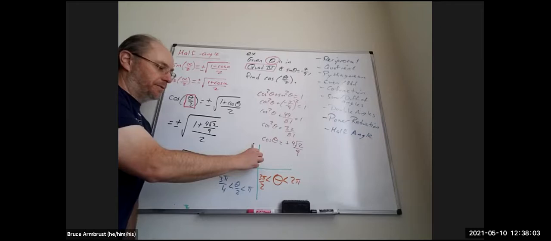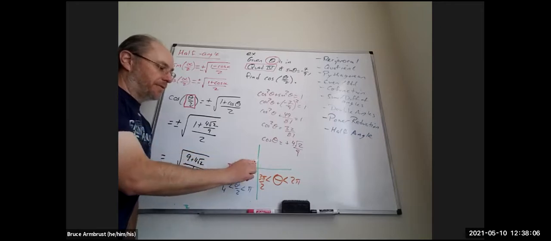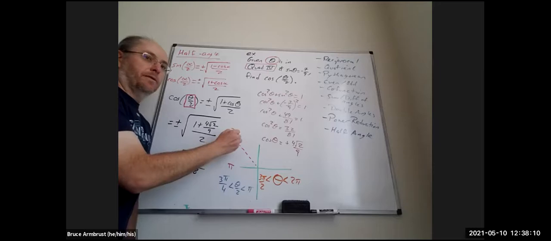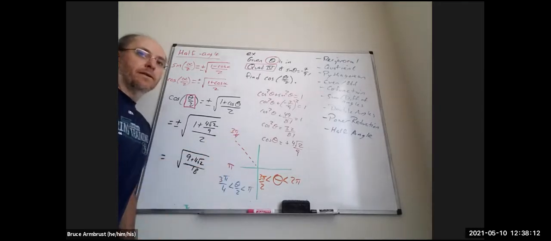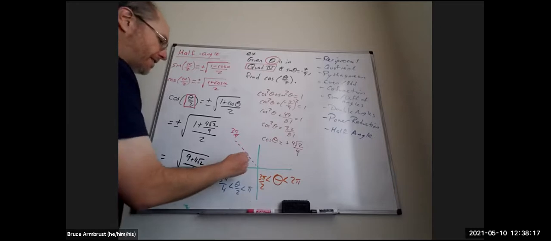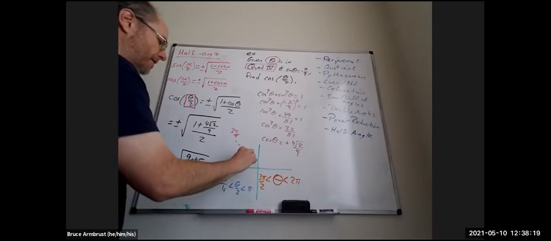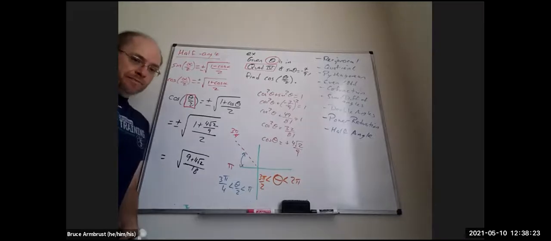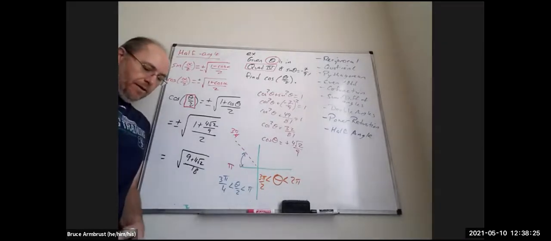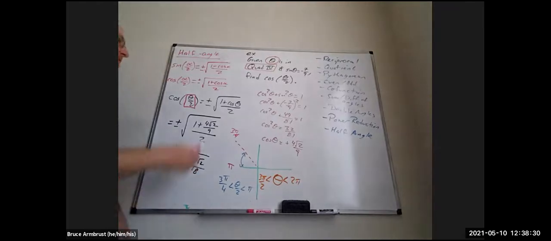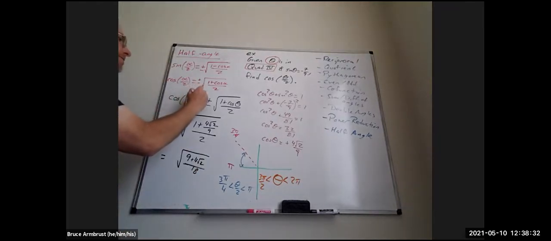So pi over 2, 3 pi over 4. All right, so what this tells me is that theta over 2 is somewhere in there. So that's second quadrant. I know that theta over 2 is actually a quadrant 2 angle.